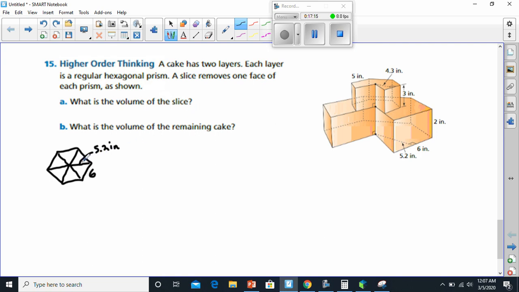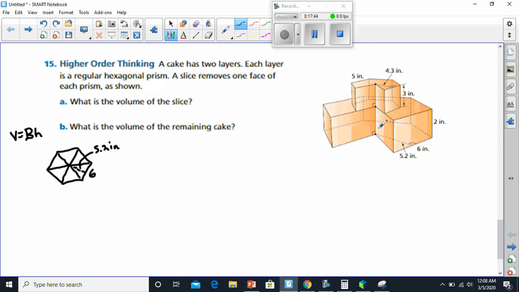The volume of the slice is going to be one of these triangles. I take that back, this is going to actually be the dot going down the center here. And let's not forget that it's also 2 inches high. The formula for volume stays the same: volume equals the base times the height.